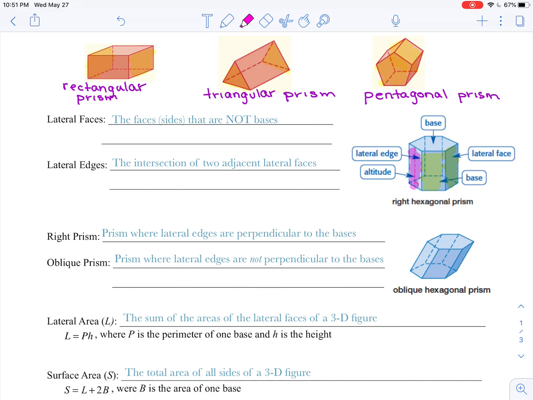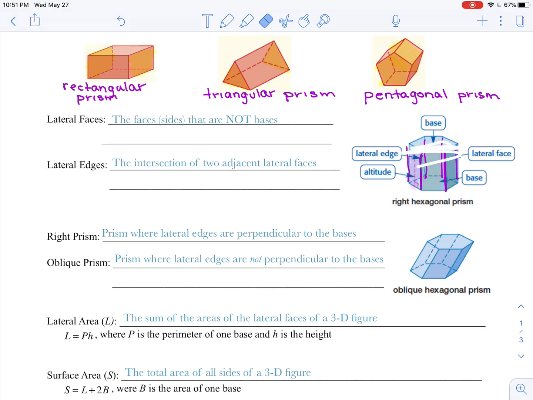The hexagons are the bases in this picture, the top and the bottom. And then our lateral edges are where the lateral faces intersect. So here's 1, 2, 3, 4, 5, 6 lateral edges in this picture.